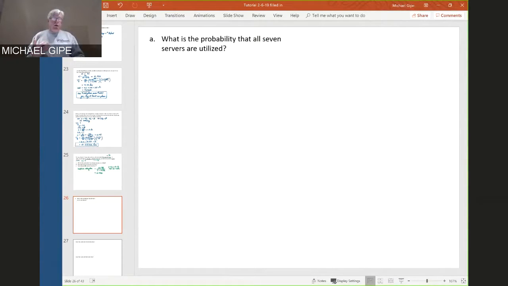So you go into the Erlang loss table. So if all 7 servers are busy, we will lose our customers.